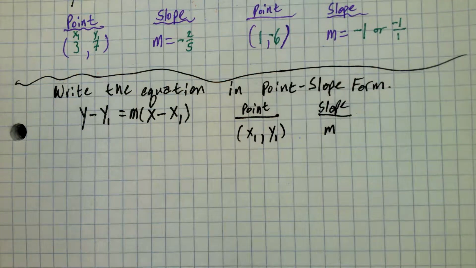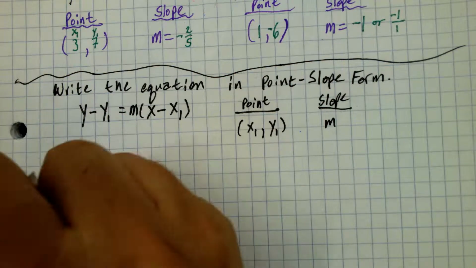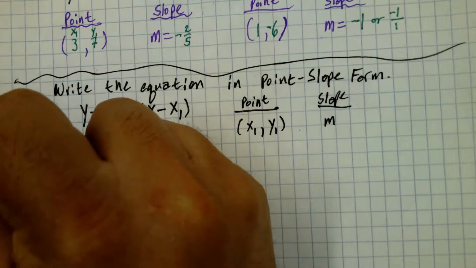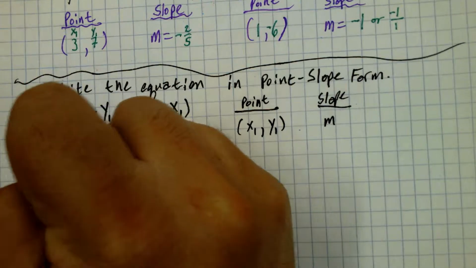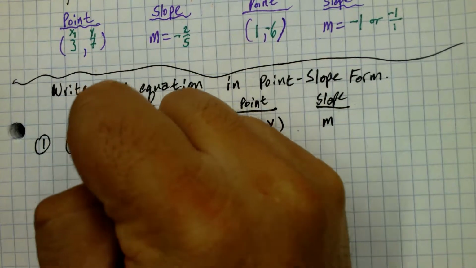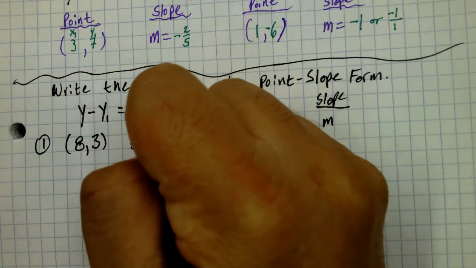Okay. So let's say we're given this information. 8, the point is 8, 3. And the slope is 1/4.